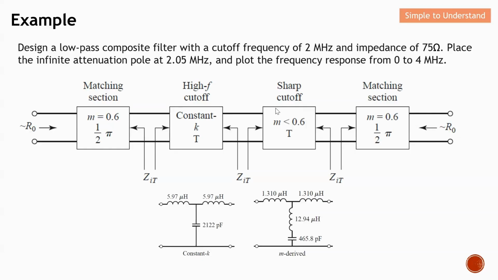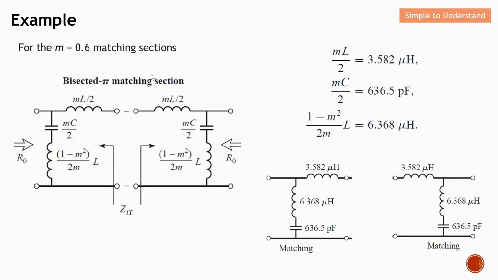So next, we need to focus on the matching section. This is the design rule for the matching section. If you're still able to recall, I mentioned that the m value needs to be 0.6 in order to achieve the matching section. This is for the low-pass filter. You can see that this is for the input and this is for the output. I can easily compute the component values as you can see from here.